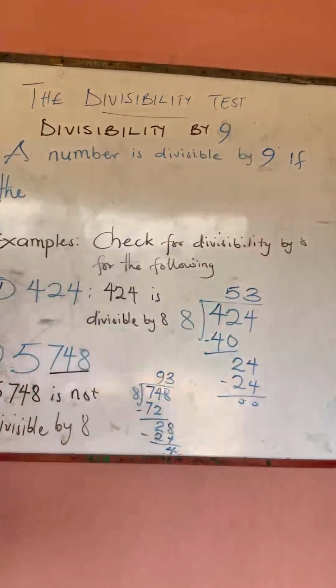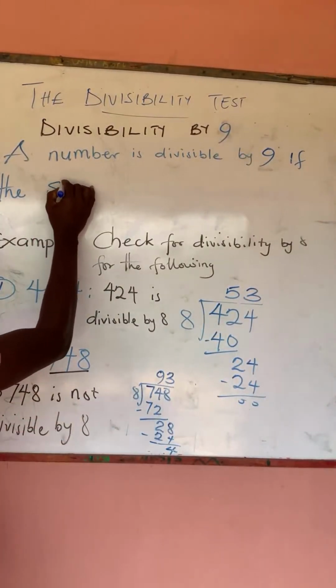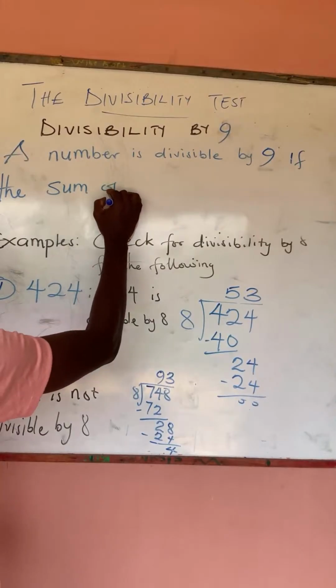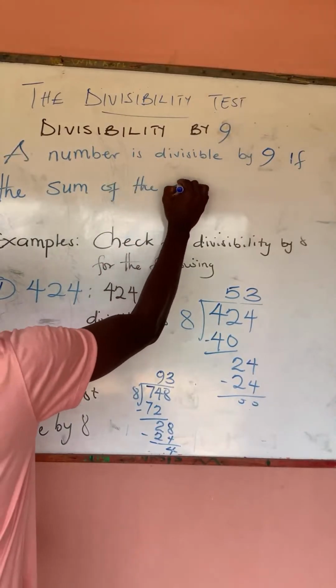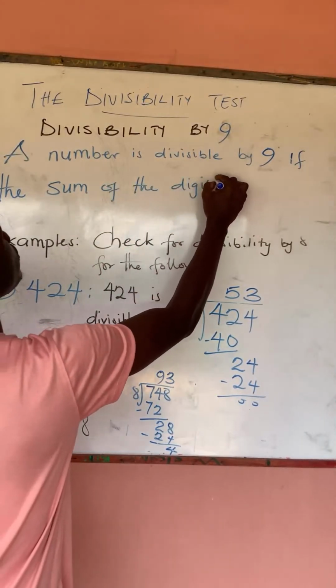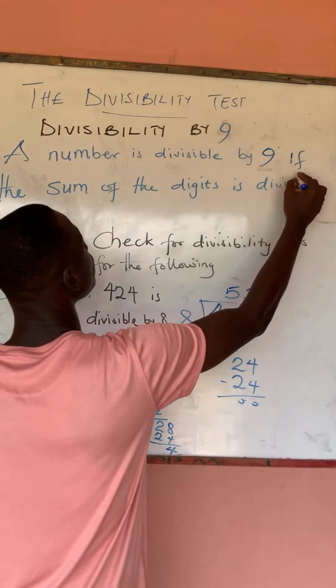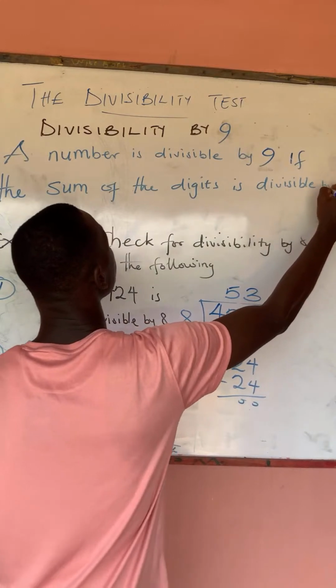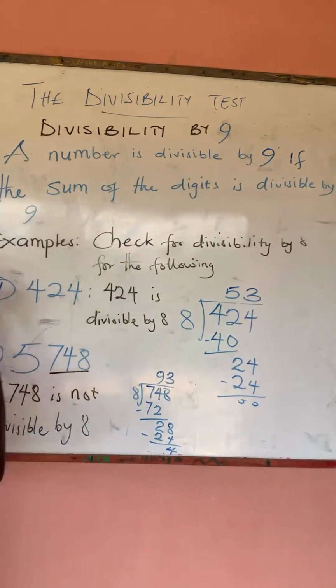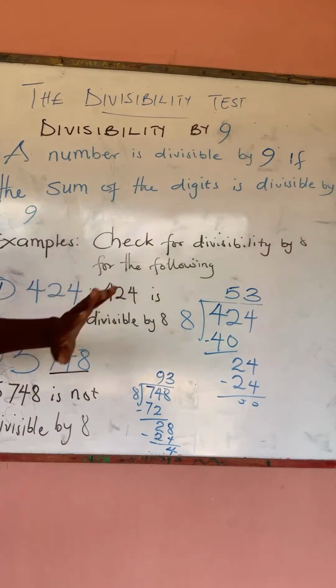And this is the rule. A number is divisible by 9 if the sum of the digits is divisible by 9.